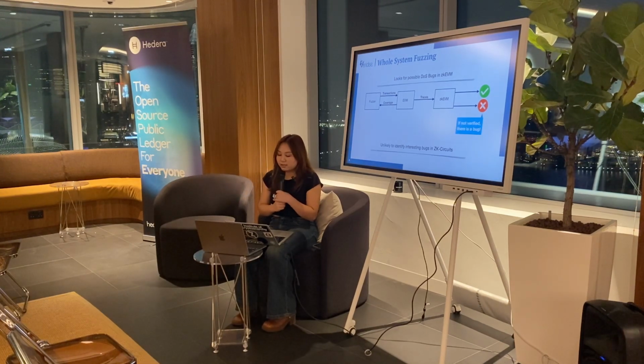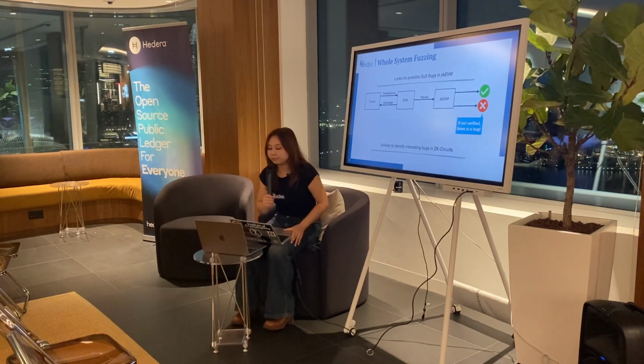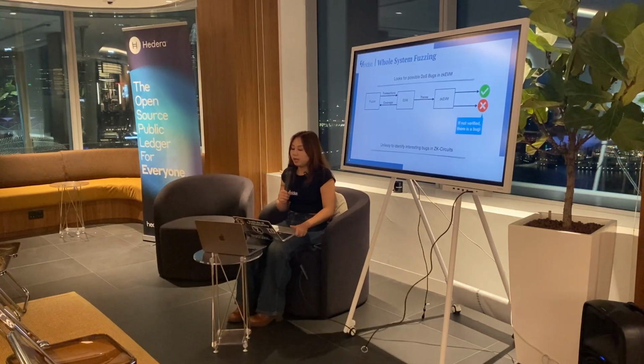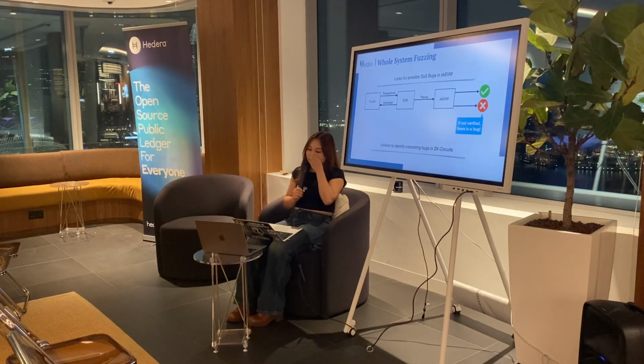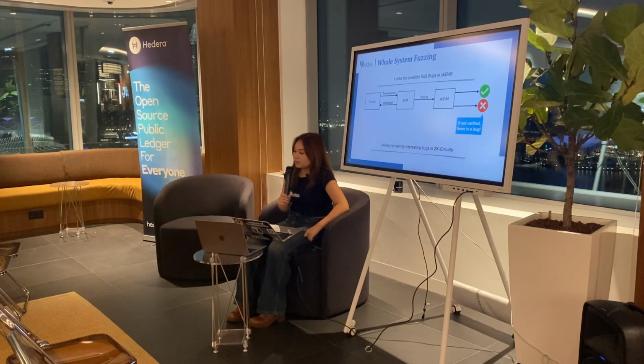In this slide, I'm going to talk about whole system fuzzing. The idea behind whole system fuzzing is to generate valid transactions for the zkEVM. Here's how it works. First, the fuzzer generates some valid transactions for the EVM.